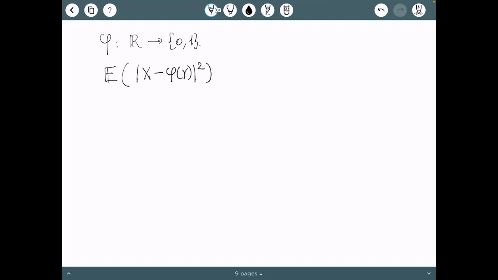X and Y are two random variables, maybe independent, maybe not, so let's take their joint law. I denote by P_XY the law of the couple (X, Y). And we remember that X takes only values in 0, 1.